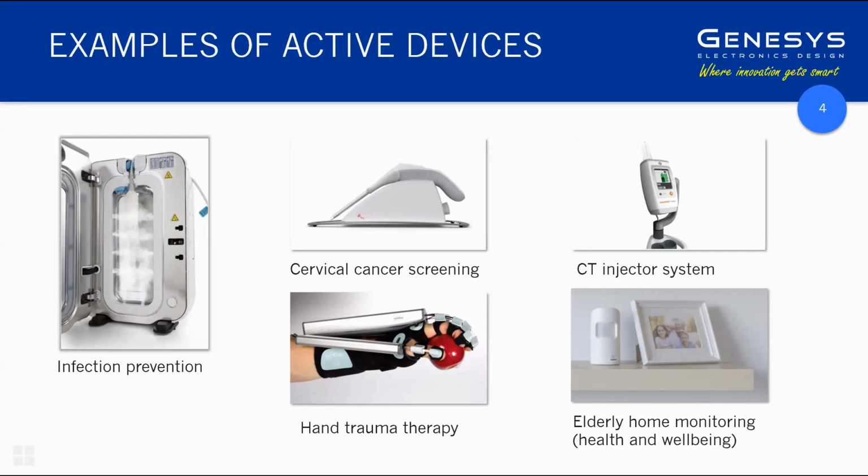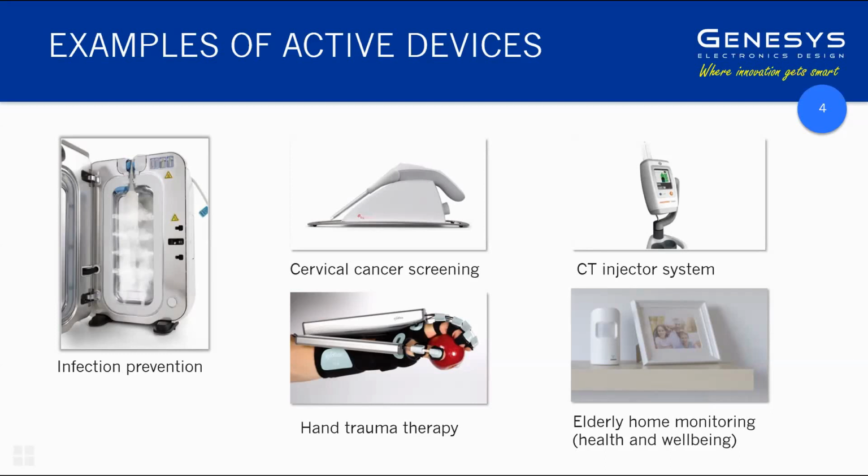But the elderly home monitoring is an interesting case. If it is used purely for keeping track of an elderly person to make sure they're up and around and moving and going through their normal daily routine, to be monitored by their nearest and dearest loved ones, that is not a medical device scenario. But if you start to think about monitoring an elderly person in their home with a fall detection device or something that would alert a first responder in the event of that person having a problem, that starts to enter the domain of a medical device.